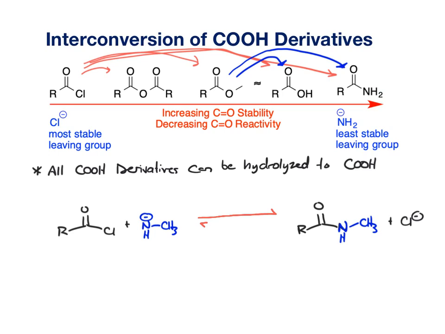The other way you can look at that is just in your nucleophile and leaving group. Cl minus is more stable, NH2 minus is less stable. So the NH2 minus is more reactive, more likely to attack and take you to the amide product.